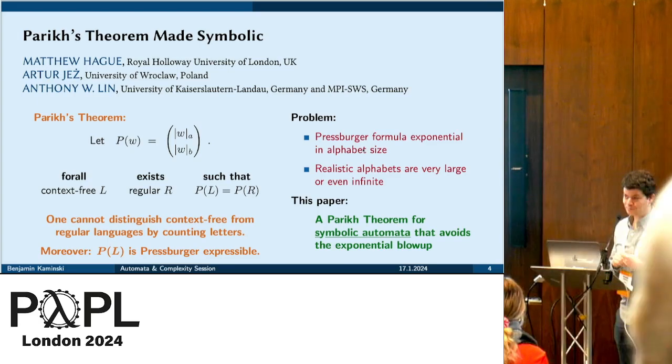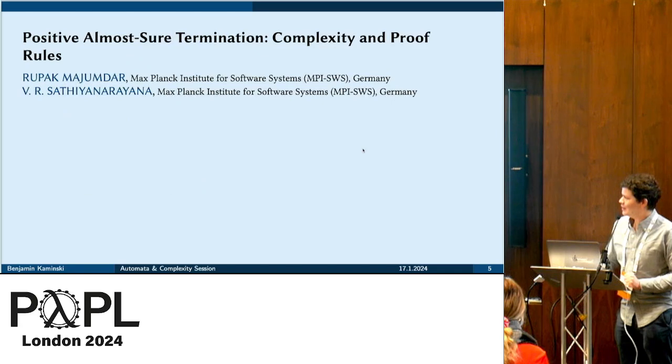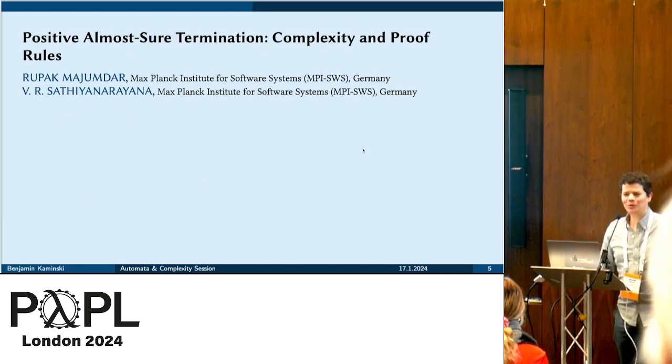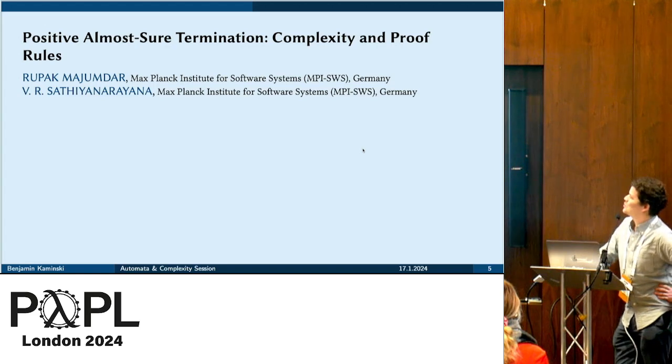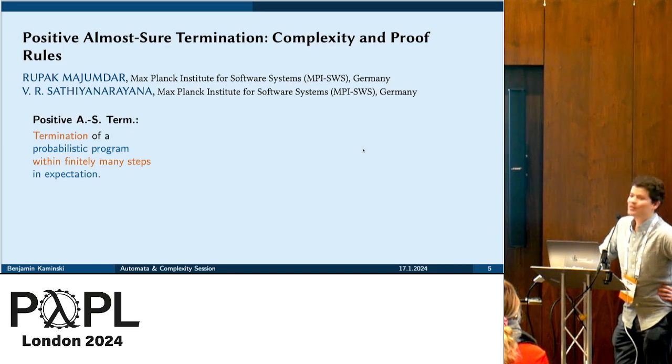Okay, finally, the only paper which I know a little bit about, this is positive almost sure termination, complexity and proof rules. Yeah, and what is positive almost sure termination? It speaks about termination of probabilistic programs.